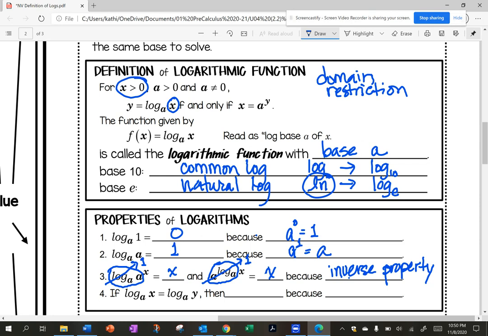So if log base a of x equals log base a of y, then I know that x equals y because logs are one-to-one.